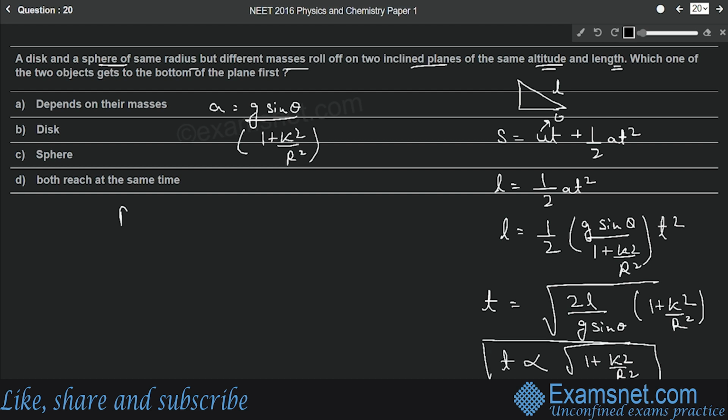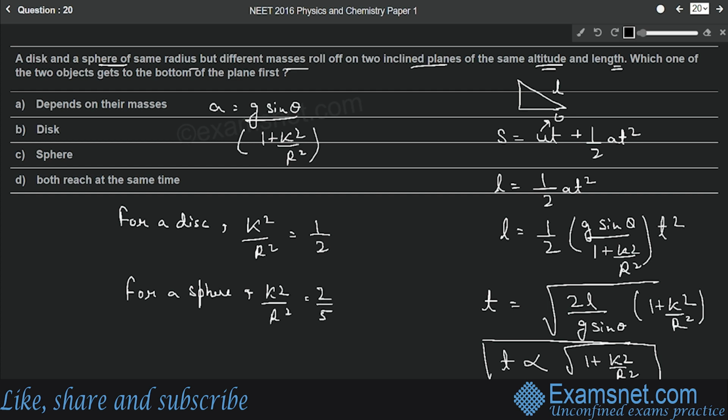Now for a disk about its central axis, moment of inertia is mr square by 2, so for the disk, k square by r square is equal to half, and for a sphere, k square by r square is equal to 2 by 5.